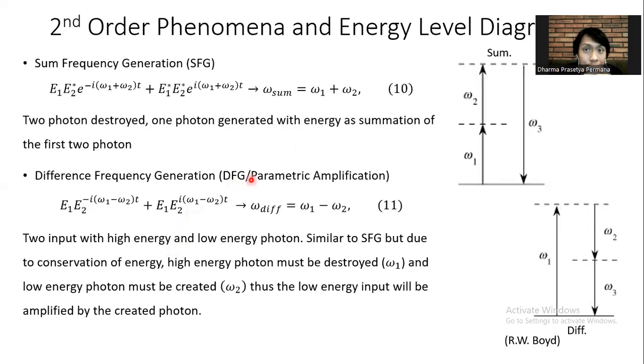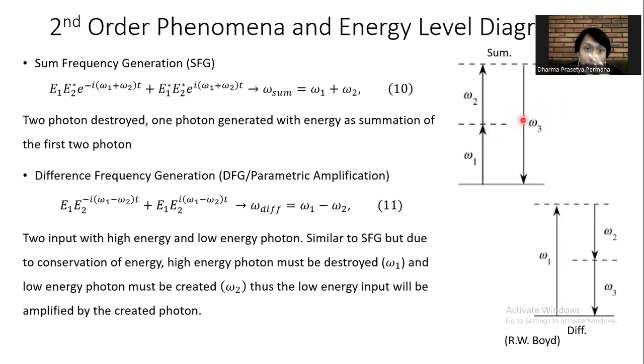Let's see. The first one is sum frequency generation. Sum frequency generation is one of the nonlinear phenomena. When I have two light beams with omega 1 and omega 2, they propagate into a material and then they destroy each other, from this energy level diagram. They combine and destroy each other, and then they generate a new light beam, omega 3.